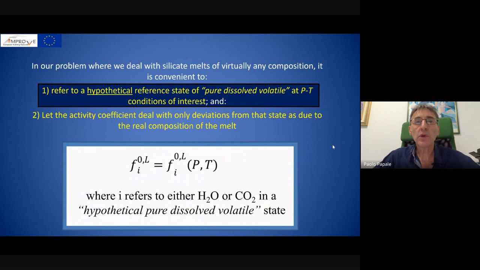That is, an equation of state for water dissolved in the liquid magma as if it were a pure component. And similarly, an equation of state for carbon dioxide dissolved in the liquid magma as if it were a pure component. If we have an equation of state for such a hypothetical state, we can then use it as a reference.